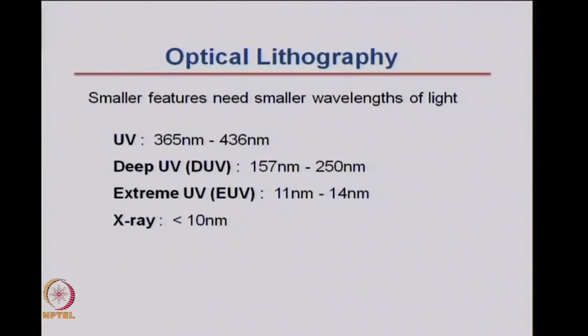It is normally of the order of 1 to 2 nanometers, and so you can make feature sizes much smaller than what you can get using UV or deep UV lithography.